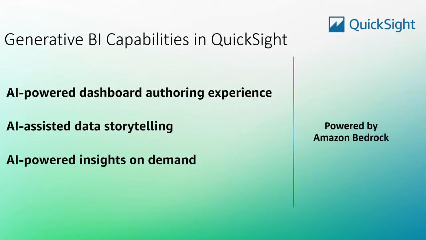First is the AI-powered dashboard authoring experience, where, using natural language, authors can just type a prompt and generate a visual, modify a visual, or even add calculated fields, which we're going to see in the demo shortly. The second is AI-assisted data storytelling, another powerful capability of the Gen BI experience for readers, where they can create an entire summary story with visuals and a lot of text narrative in one single storyboard.